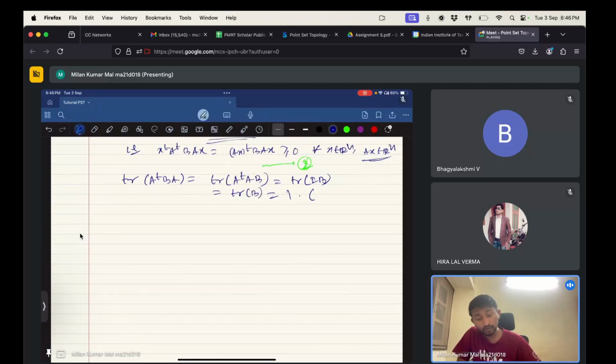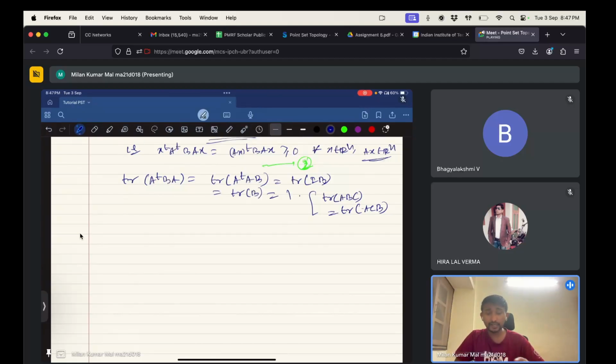Maybe what I am writing is wrong. We know the fact that trace of ABC is equal to trace of ACB. Maybe check a little. The main point is that I can switch, but that switching is some very specific property that I am not able to recall right now.